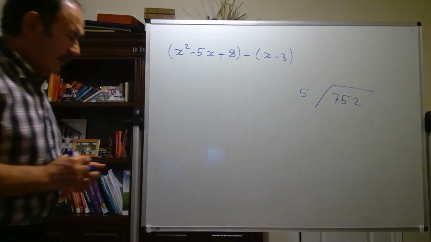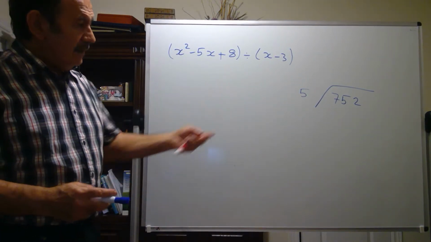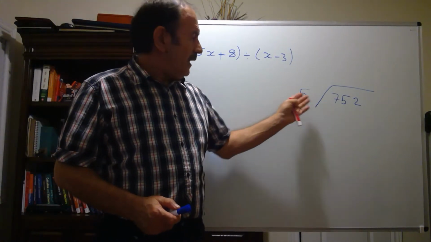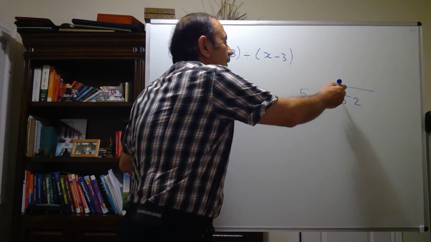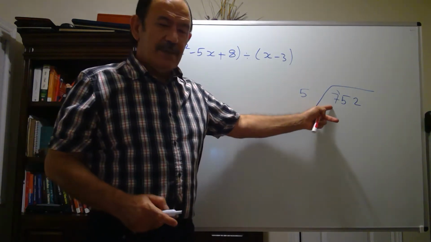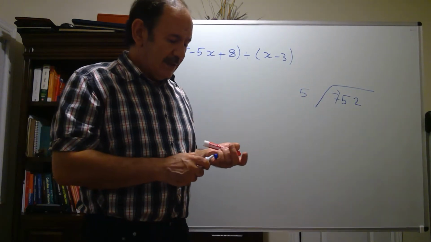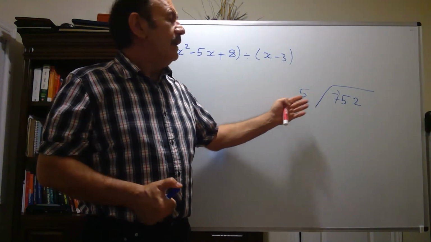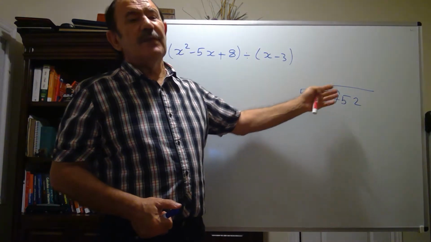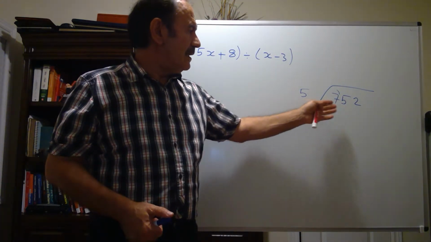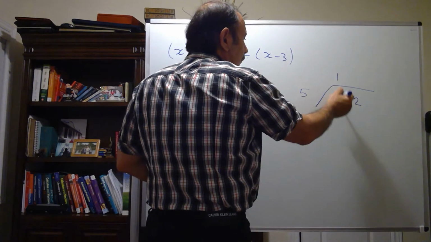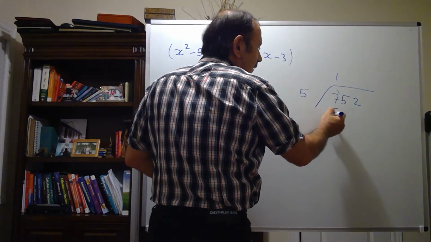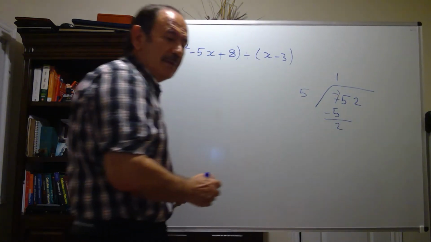How do we divide this one? We separate one digit first, and if the separated digit is greater than or equal to 5, start dividing, otherwise we should separate one more digit. In this case, 7 divided by 5 is 1. 1 times 5 is 5, subtract, 2 is the remainder.